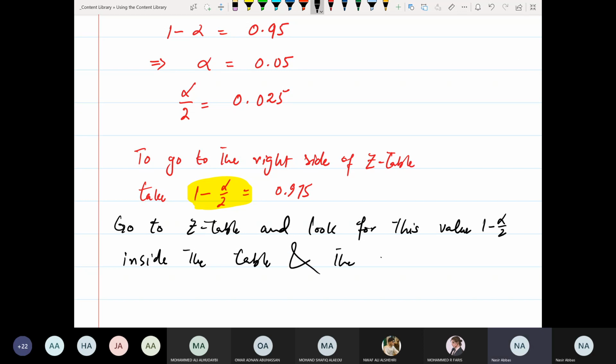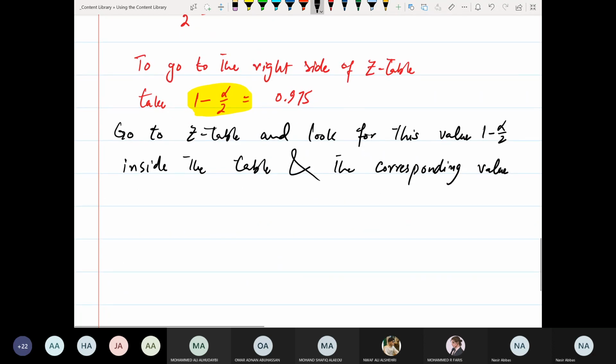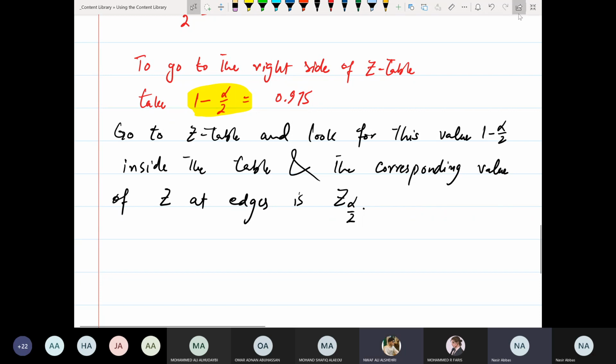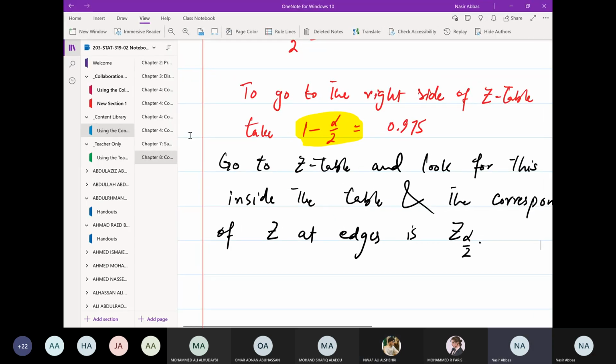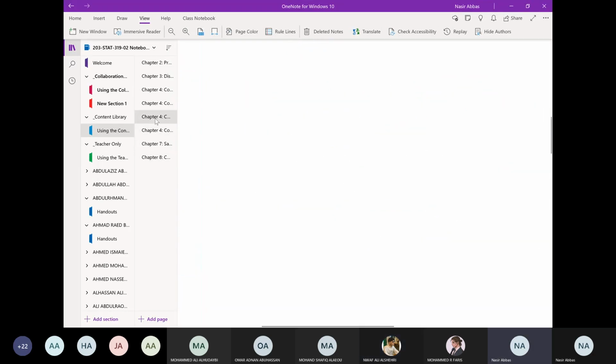And the corresponding value of z at the edge is your z alpha by 2. Let us see what z alpha by 2 is if I go into the Z table and look for 0.975.